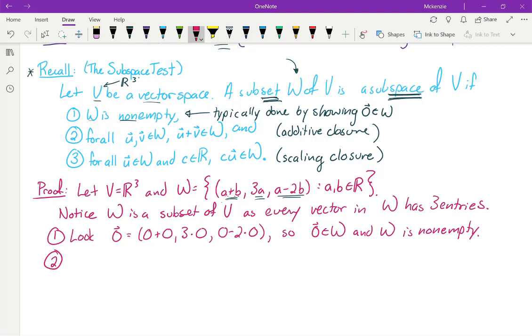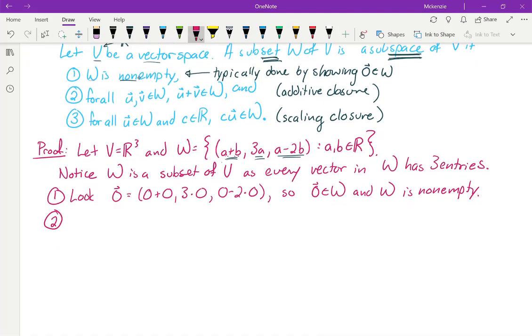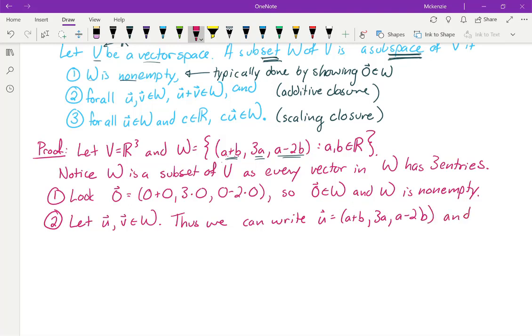Right. So for step 2, the additive closure, we want to start with two vectors, let U and V be in W. So because we know what W looks like, we can write U as (A plus B, 3A, A minus 2B), and V, well, we can't use A and B again because they're already taken, so let's just go on to the next letters in the alphabet: (C plus D, 3C, C minus 2D).